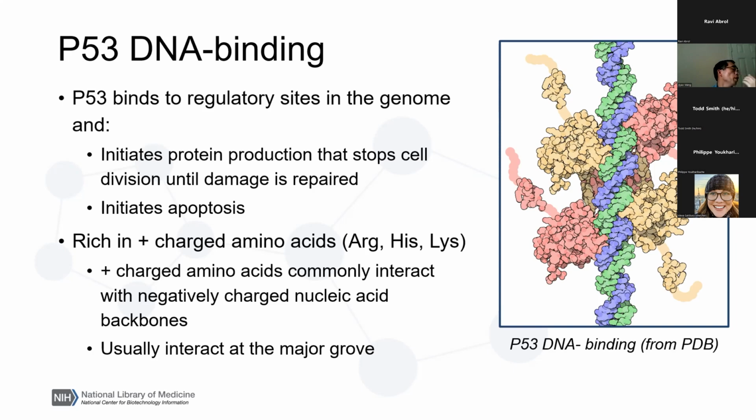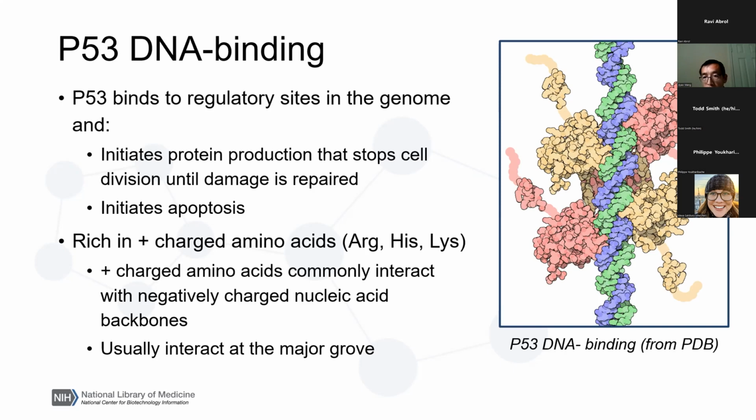So before we go to mutation analysis, I wanted to briefly talk about P53 binding and provide a little bit of context about protein DNA interactions. P53 binds to many regulatory sites in the genome, and what it does is produce proteins to either halt cell division until damage is repaired or initiate apoptosis if damage is too severe.